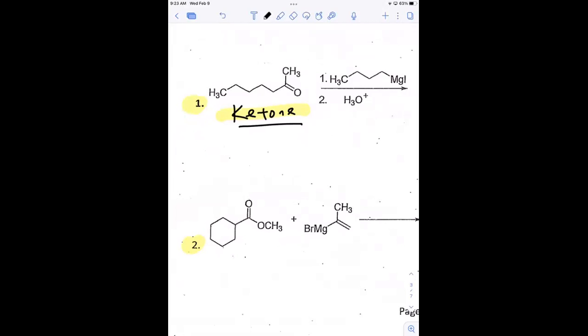I'm going to say this up front. With this class, if there are gaps in resonance, arrow pushing, or identifying functional groups, this whole section and everything after this is going to be a struggle. So you've got to refresh yourself on those functional groups. One of the key things for these mechanisms is identifying the functional groups. Go back, get your flashcards that you made in part 1. If you didn't make them, get a flashcard app on your iPhone or Android and quiz yourself.